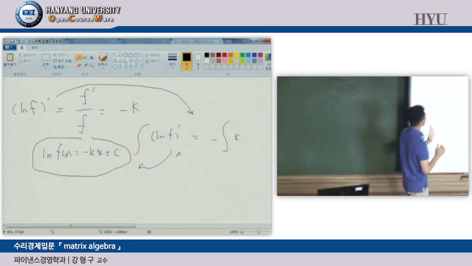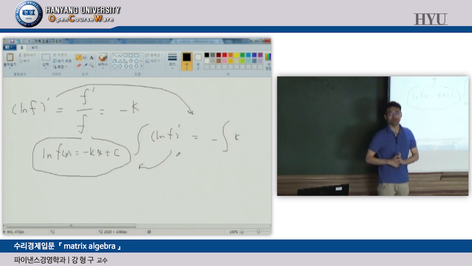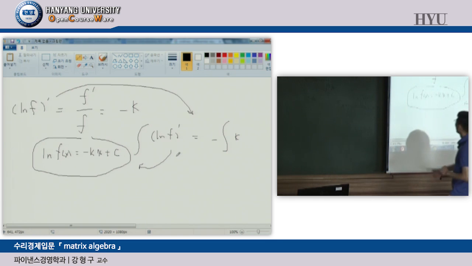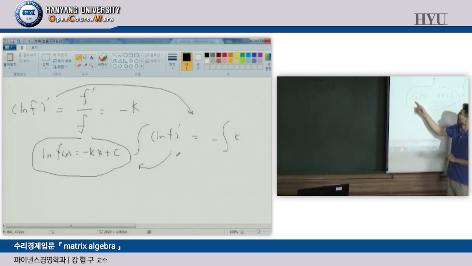Well, now we want what is f(x). So, well, we can take exponential of each side. Log function is the inverse function of exponential function. So, well, the inverse function of log function is exponential function. So, if we take e to each side, then it is the inverse function.